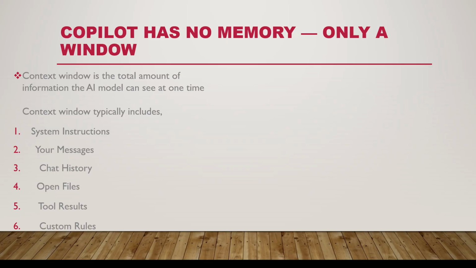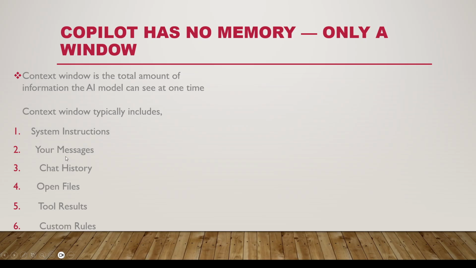So context window is the information that we share with our prompt, and then Copilot processes it and sends us information back. A context window typically includes the system instructions, in case we have any hidden instructions in Copilot. So that is also considered as a context.